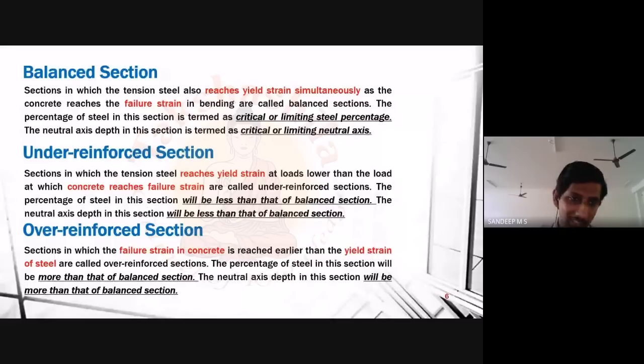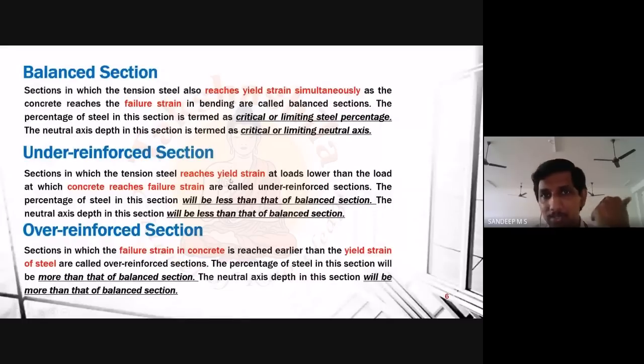So let's see the definition. Sections in which tension steel reaches yield strain at lower loads than the load at which concrete reaches failure strain are called under reinforced sections. As we explained, what happens when we go on increasing our load from 0 to a higher value? First, the steel will reach its yield strain.